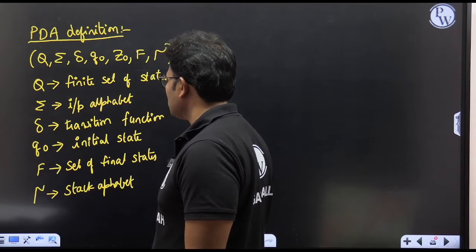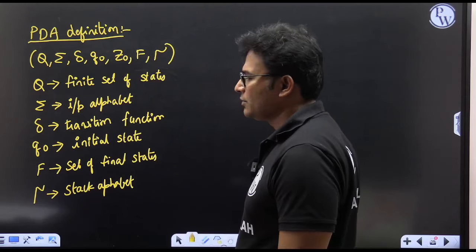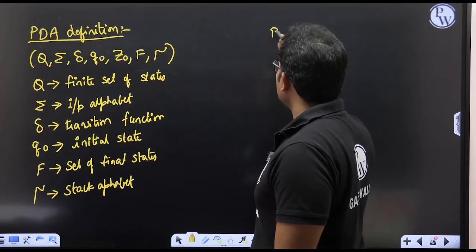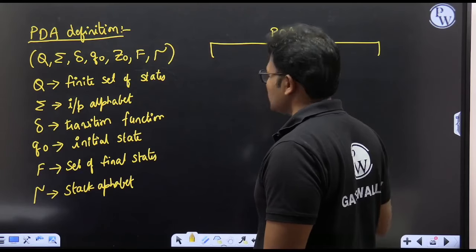That means the symbols that we are pushing into the stack. Now we know that pushdown automata is of two types.